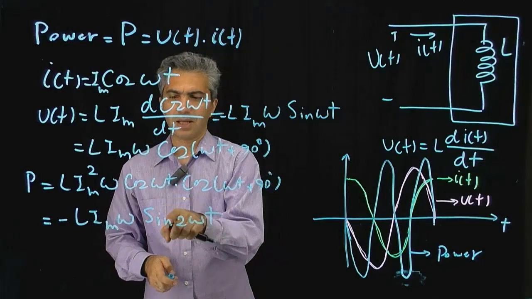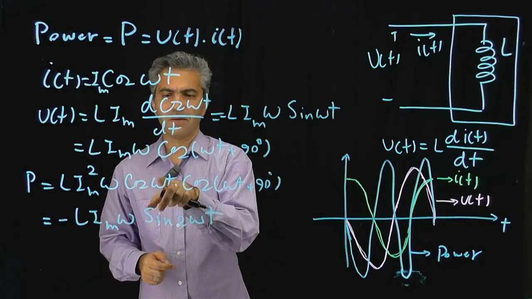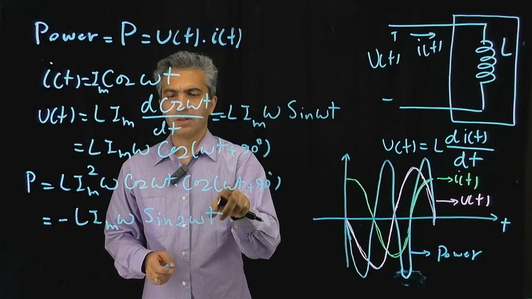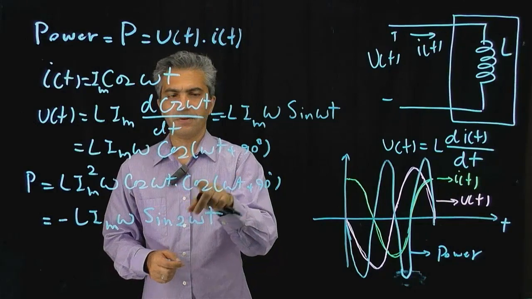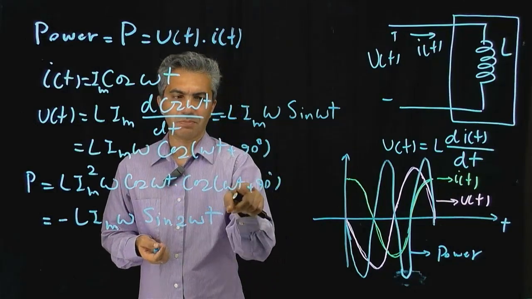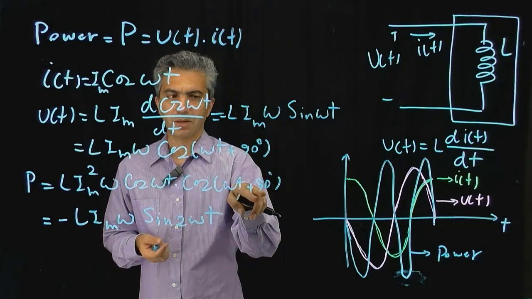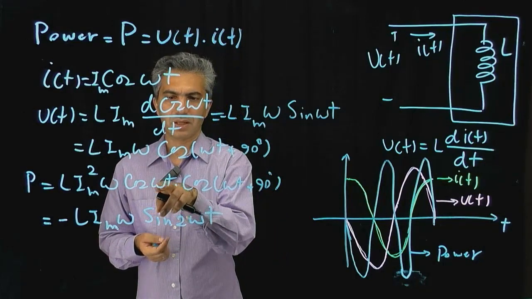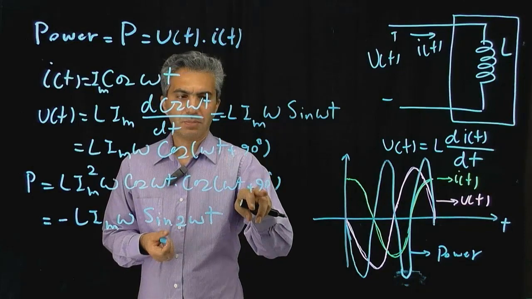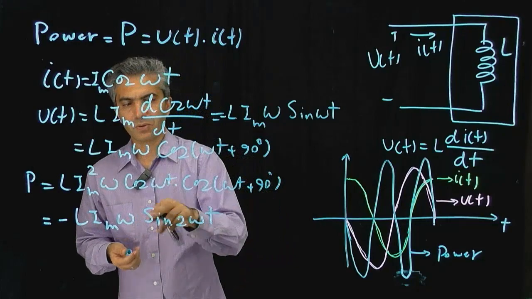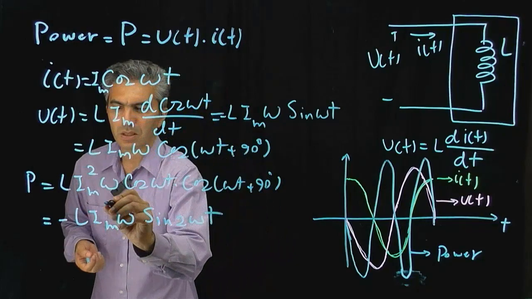You can write it as cosine of alpha plus beta plus cosine of alpha minus beta, with a factor of 1/2, and when cosine alpha minus beta becomes cosine 90 degrees, that's 0, and then it becomes cosine of 2 omega t plus 90 degrees, which is minus sine of 2 omega t, and that's what you see here.